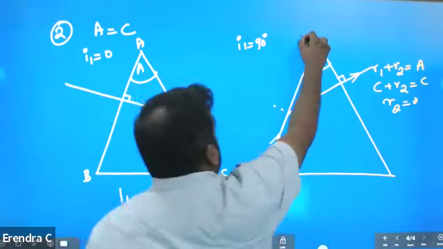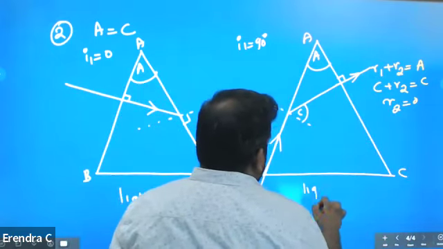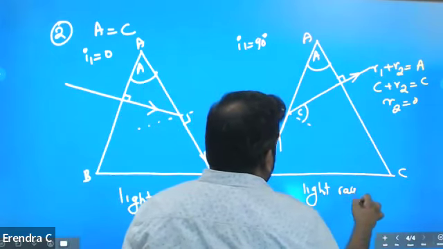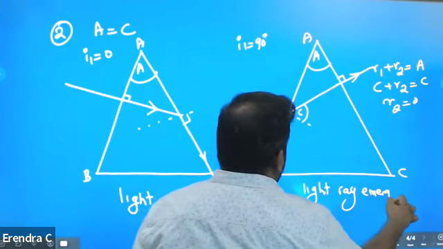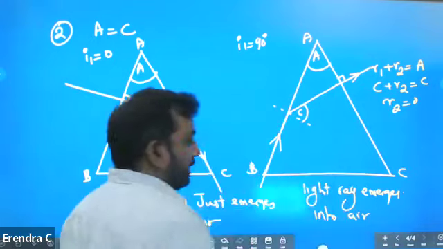What can you say? The light ray emerges into air. That's right.